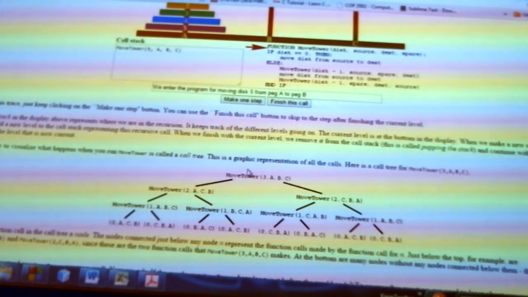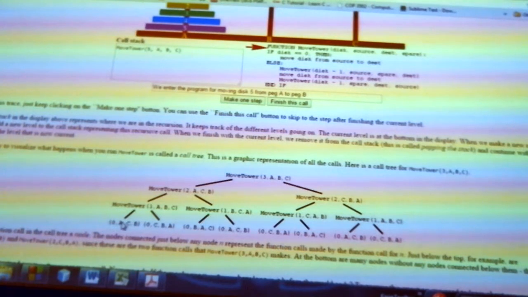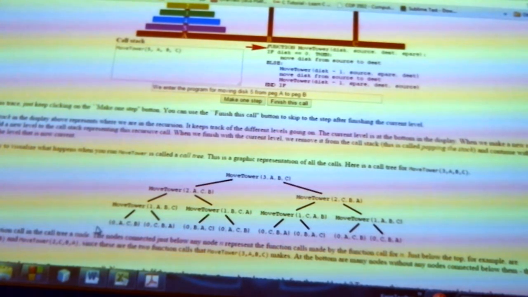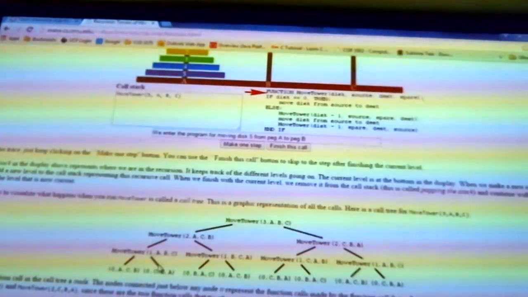It keeps breaking out each one of those function calls from the top, follows the left leg all the way down to the first one, and then you see how the right leg is created with this function call here. And then it does all the function calls for the left leg. You can see how it looks through here.